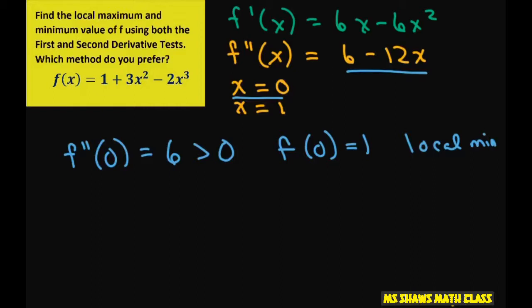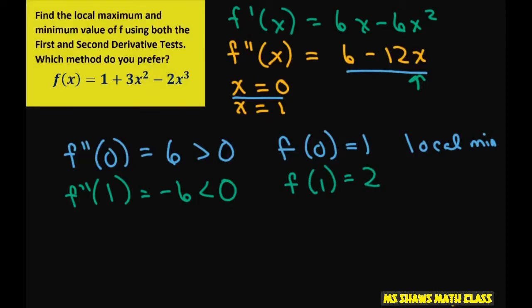All right. Now for f double prime of 1, my critical value is 1. You plug 1 into this here and you get negative 6. Well, that's negative. So since it's negative, we have f of 1, which equals 2, is a local maximum.